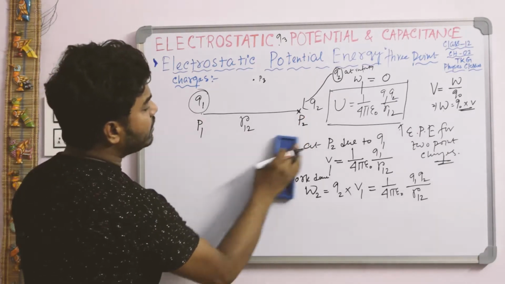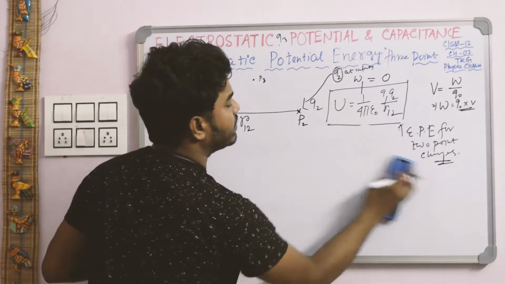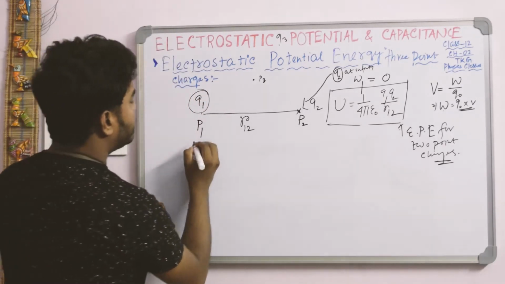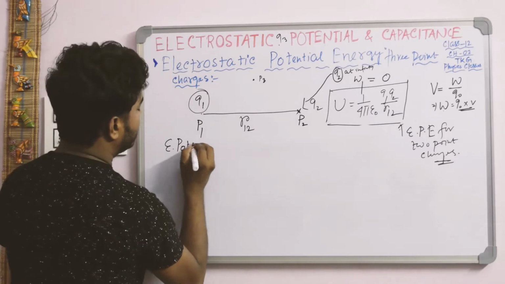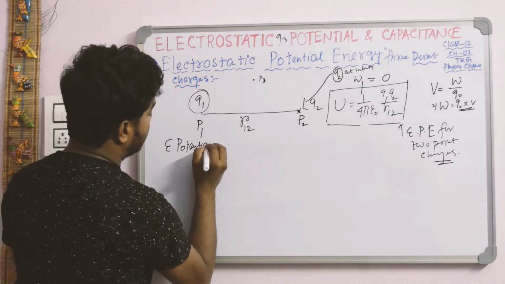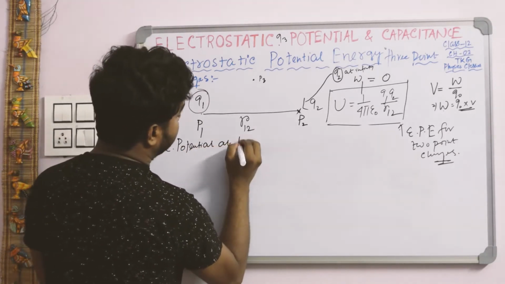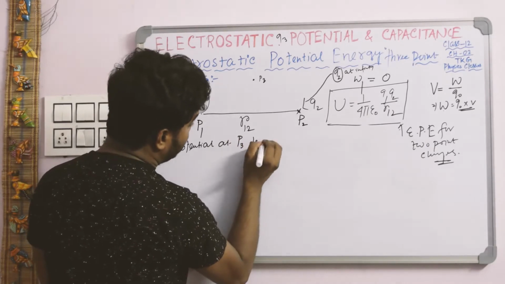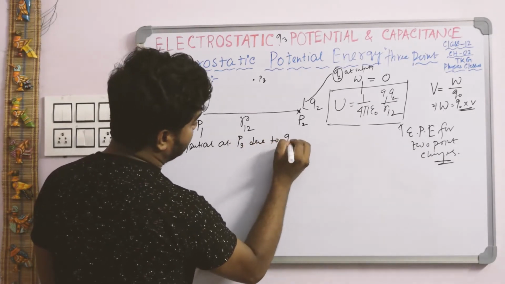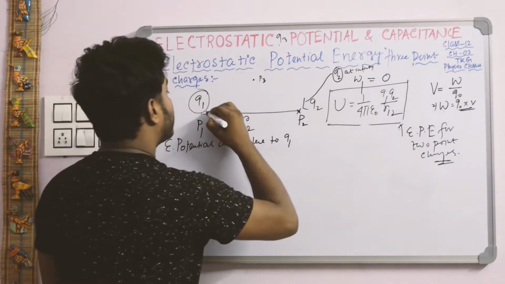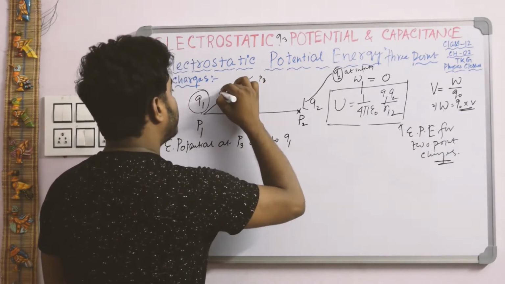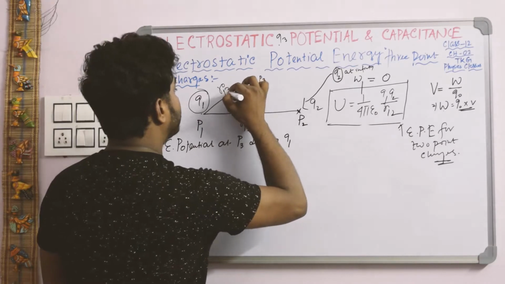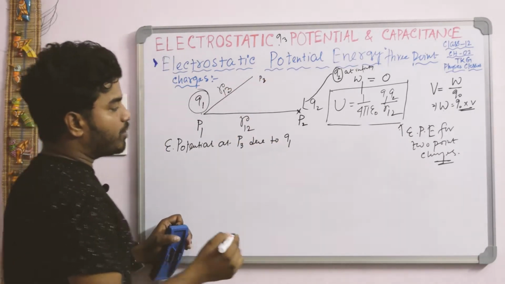Electric potential at P3 due to Q1, write it down at first. Suppose this separation between P1 and P3 is represented by R13.